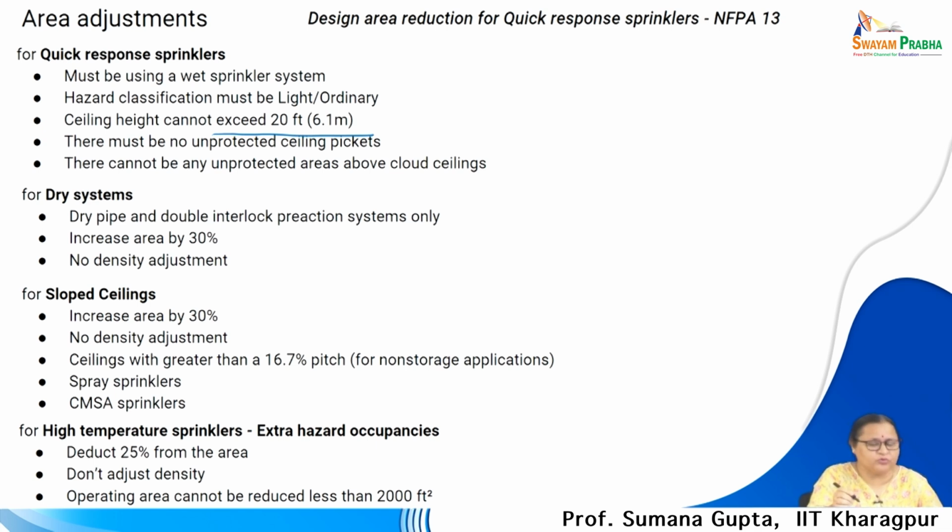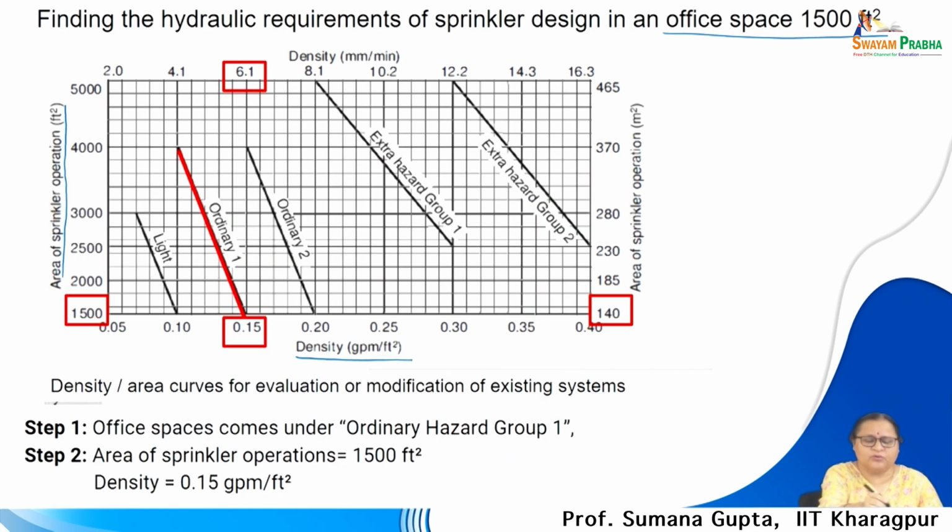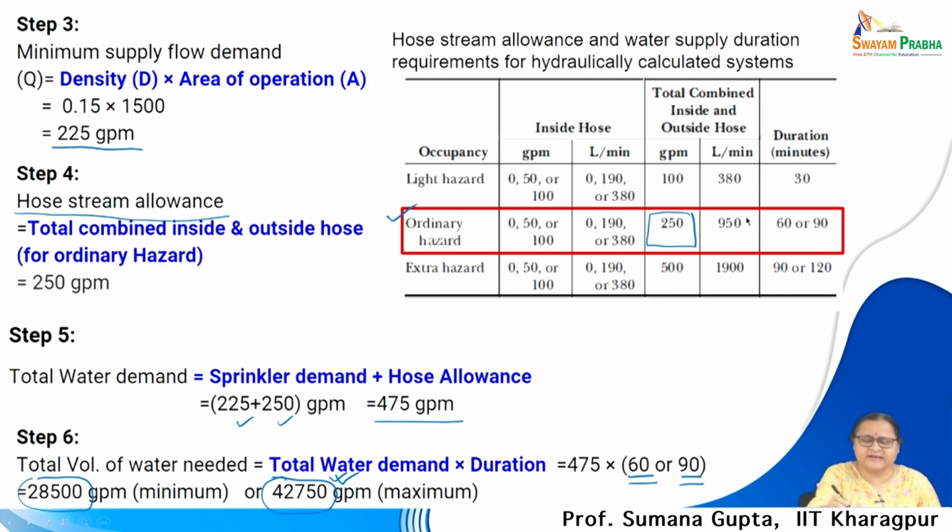So, as a thumb rule, this is the chart which we follow for a standard space requirement, and the purpose of the room is important. So, what have we taken? We have taken from the standard this part, light hazard is there.